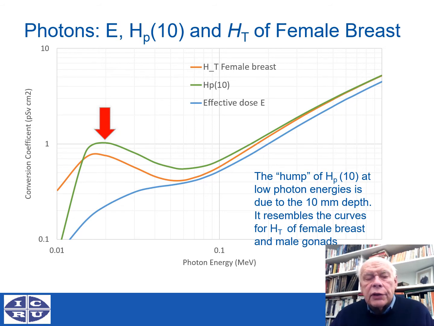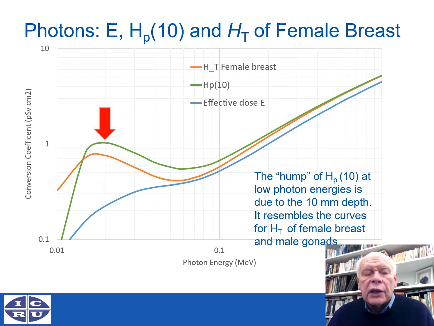It is perhaps interesting to note that if you plot the dose equivalent for the female breast as a function of energy, you get a similar bump, and actually you do it also for the male gonads. And the people who introduced the operational quantities at that time in the 80s were not unhappy about the bump from HP10 because it was contributing to an easier transition from the quantity which was used before the effective dose and the personal dose equivalent.